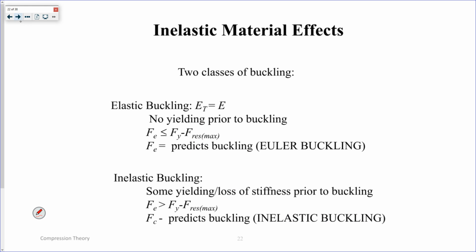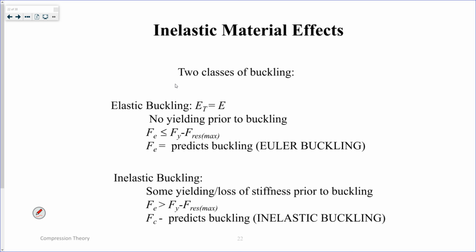So I'm going to break this up into two classes of buckling. Elastic buckling, no yielding prior to buckling. Your tangent modulus is equal to your elastic modulus because you're staying elastic. Your stress associated with buckling is less than or equal to your yield stress minus your maximum residual stress.